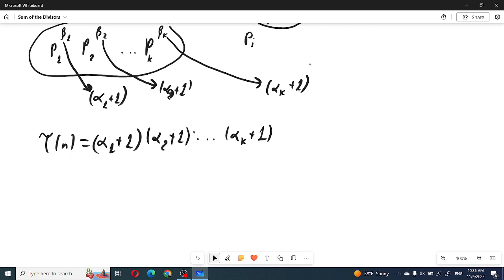And to find the total sum of the divisors, we need to look at the unique prime factorization of each divisor of n.